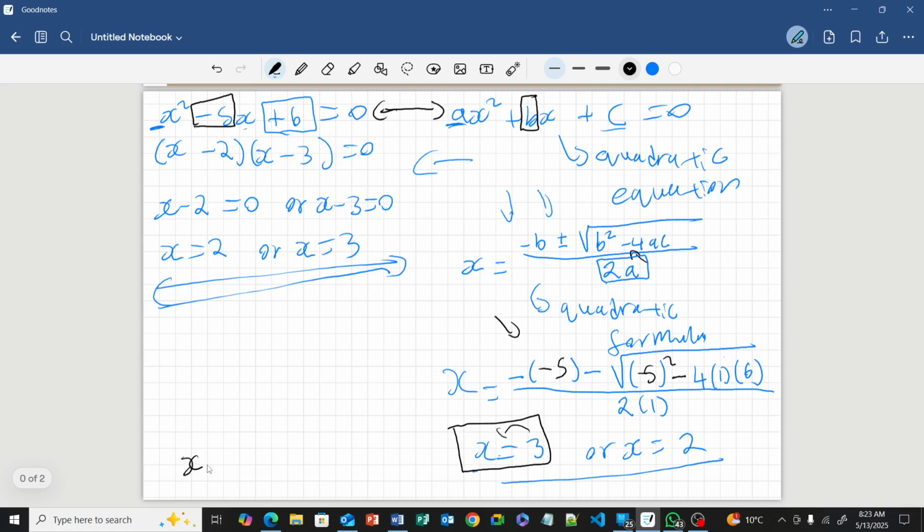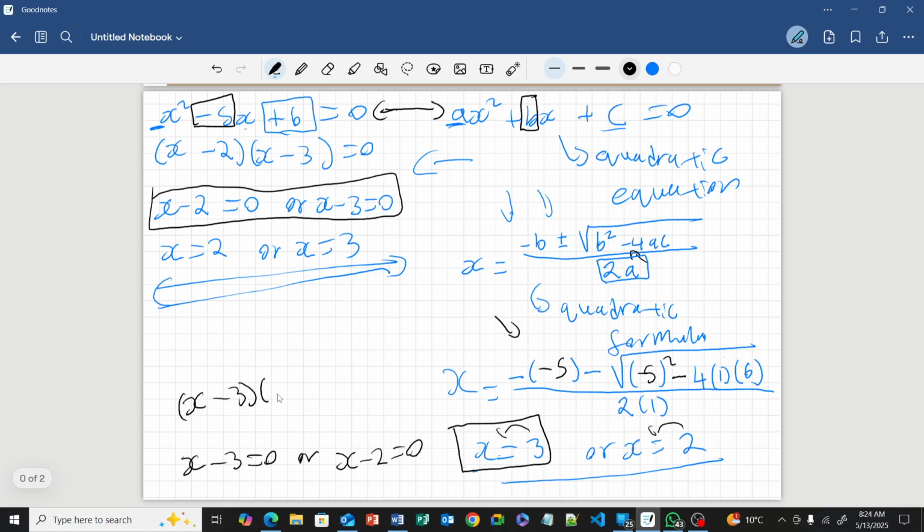So you are going to have x minus 3 equals 0, or you can take 2 to the other side, then you have x minus 2 equals 0. Can you see the relationship with this one and that one? Therefore, you can write it as x minus 3 multiplied by x minus 2 equals 0. Can you see here?